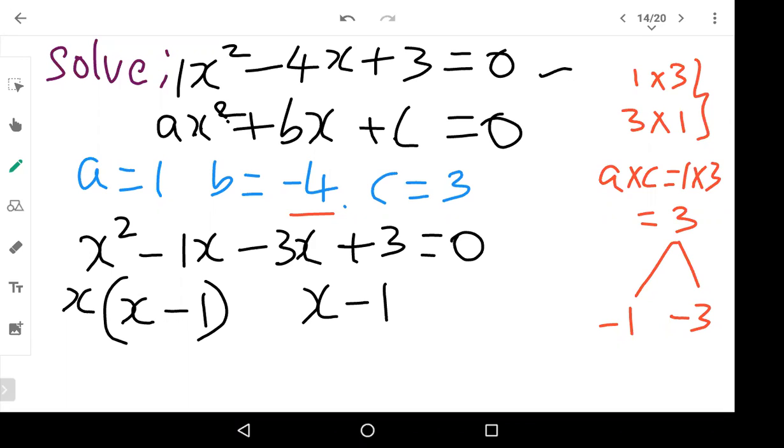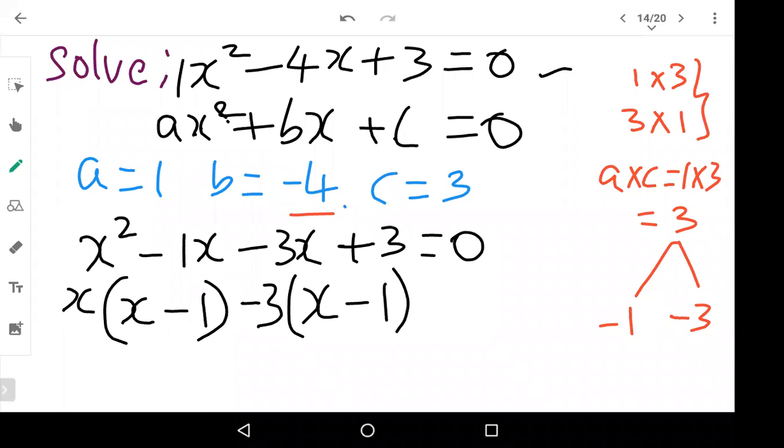Yeah. X minus 1 is taken as common on the other side also. Now, what will happen? I can take -3 as common outside. How did I get -3 as common?